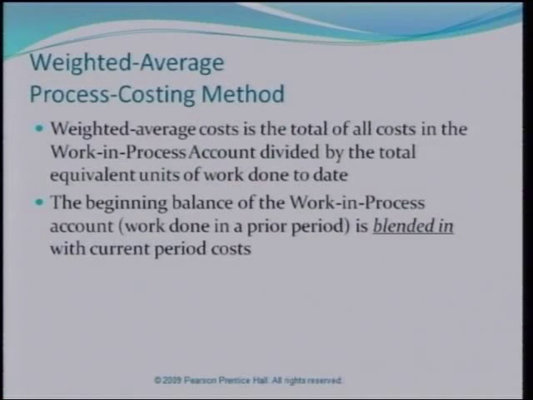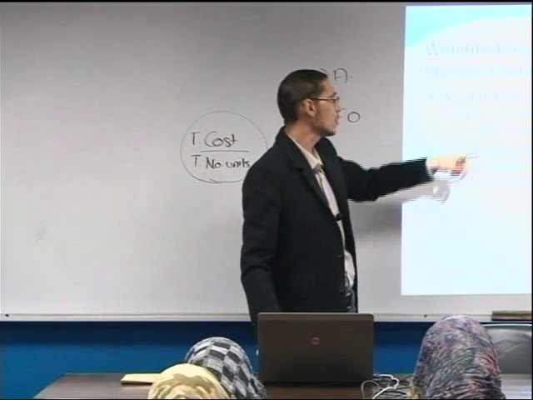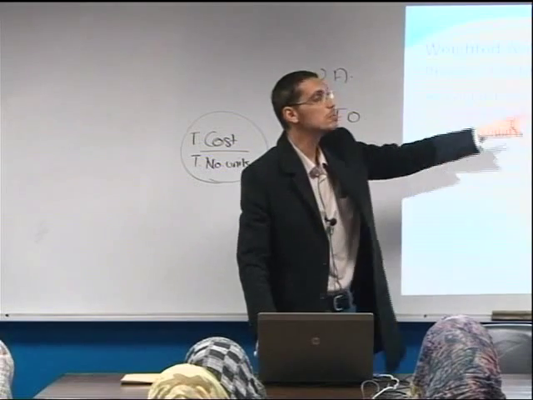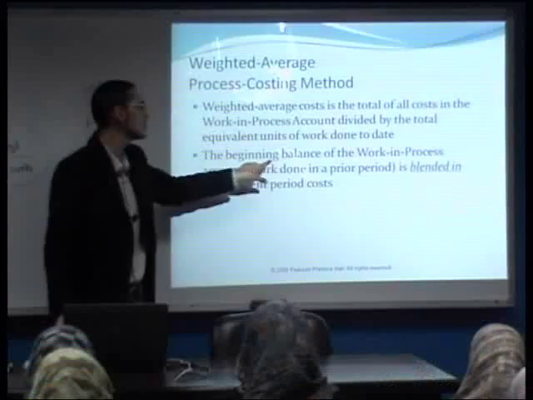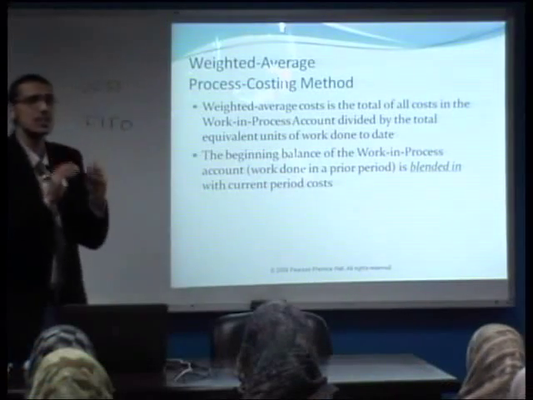Of course, the weighted average cost is the total of all costs in the work in process account divided by the total equivalent units of work done to date. Of course, this is what we just said. The beginning balance of the work in process account is blended in with the current period cost. This is the first thing that we said.